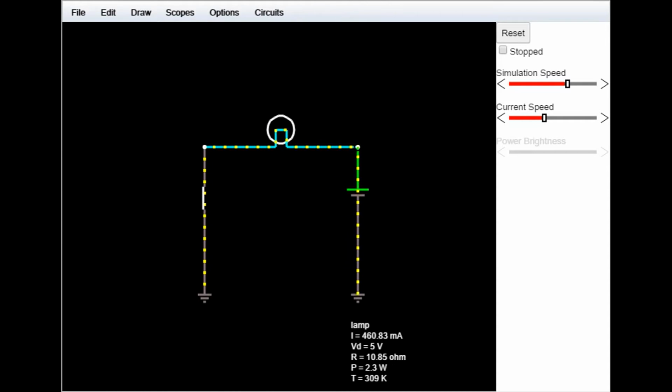What these yellow dots indicate are not electrons. This is the flow of positive current, which is more of a conceptual thing. Really, it's arbitrary whether electrons are flowing clockwise or counterclockwise in this circle. But here's the idea, right? When I close the switch, positive current flows through the battery, through the lamp, and out the switch here.